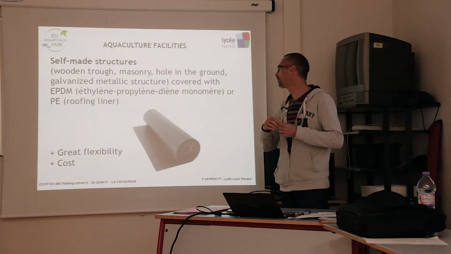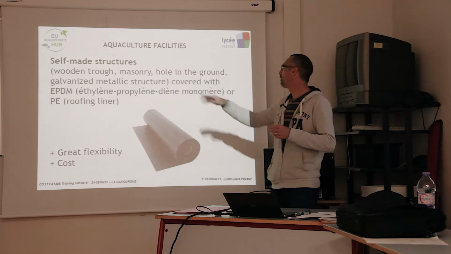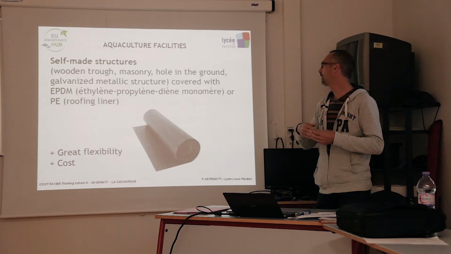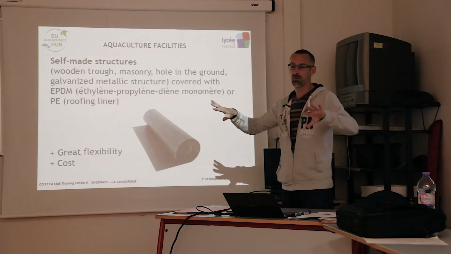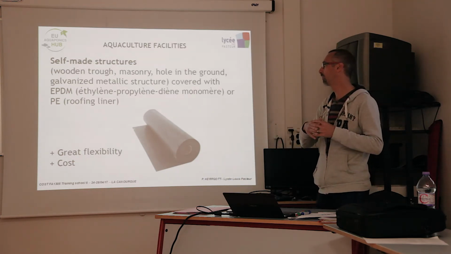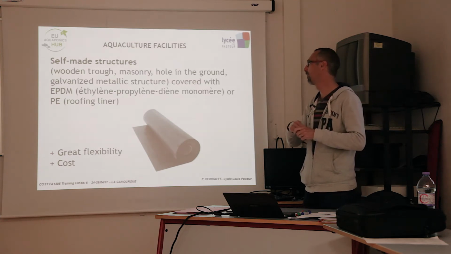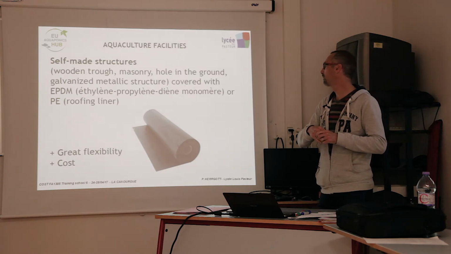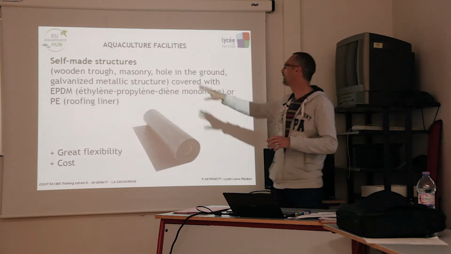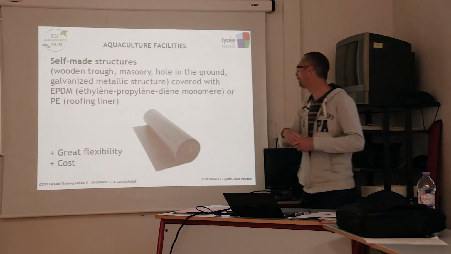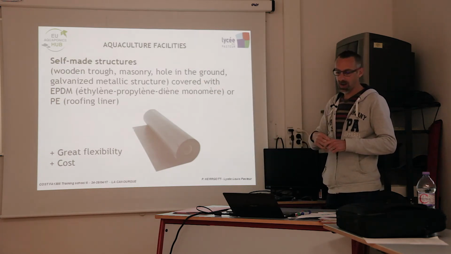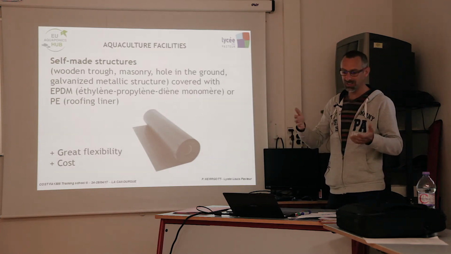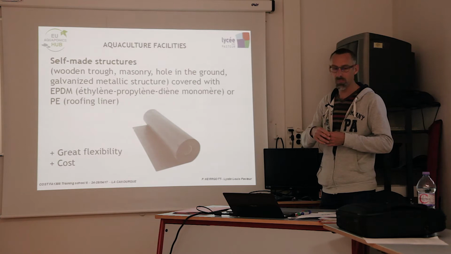Wood can be used, masonry with concrete, or a hole in the ground, a very basic structure, a galvanized metallic structure, or a structure we found. And all these structures are covered with a liner, named EPDM, a black liner.